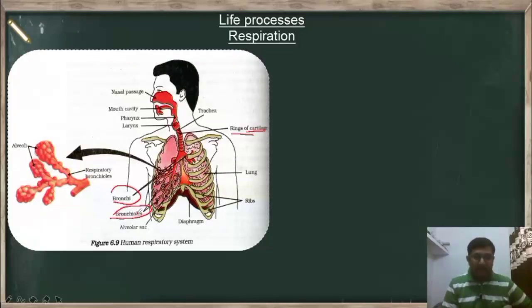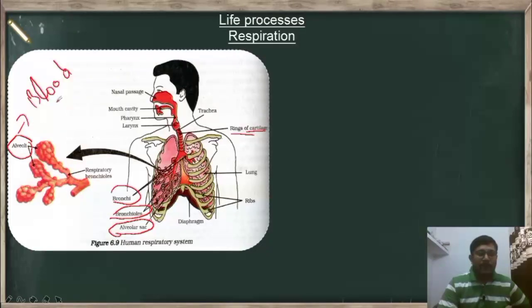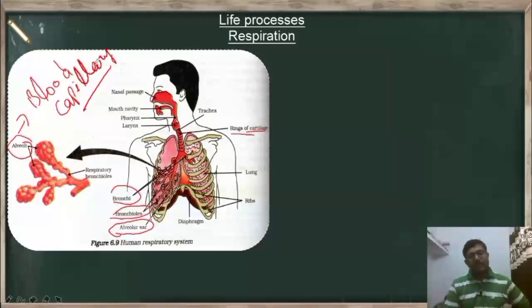At the tip of the bronchioles there are many alveolar sacs, as you can see in the picture. These alveoli have numerous blood capillaries. That means in the alveoli the blood passes. Now this is our respiratory system.